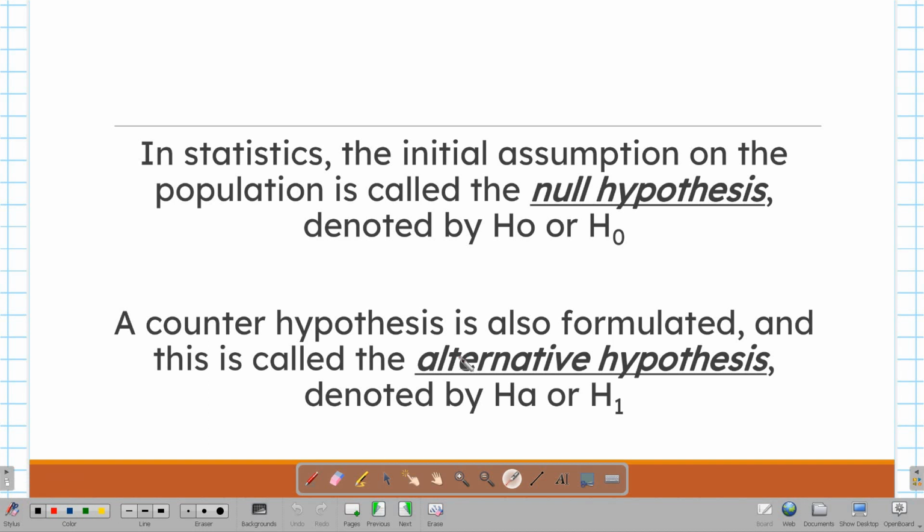Now, the assumption wherein there is equality, the claim of equality, we have that as the null hypothesis. The counter hypothesis for that would be what is called the alternative hypothesis. Although most of the time, the books would define the initial assumption or claim as the null hypothesis, it depends on the problem whether it is actually the null or the alternative.